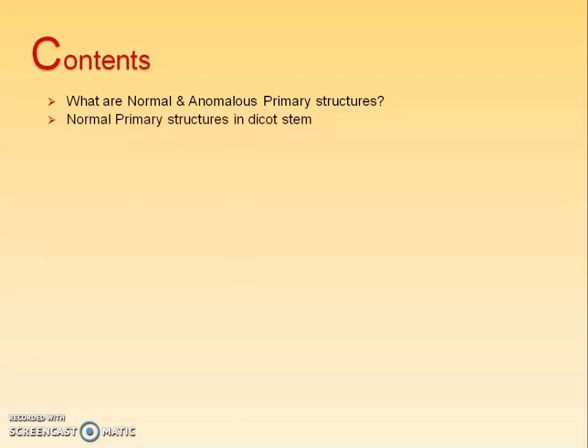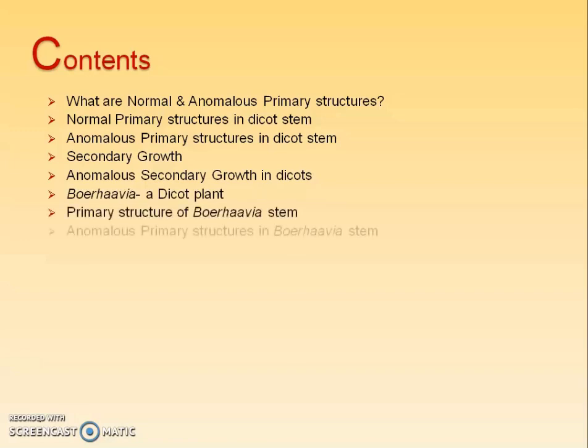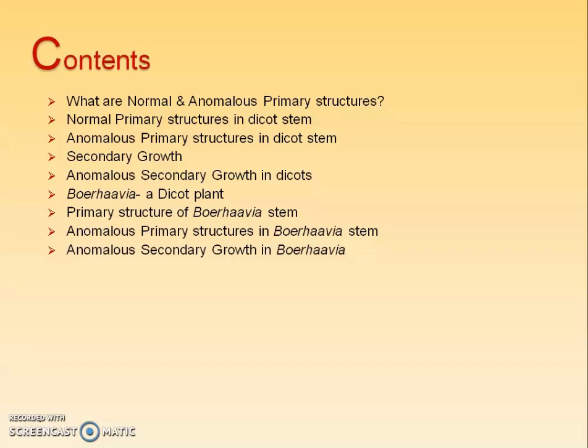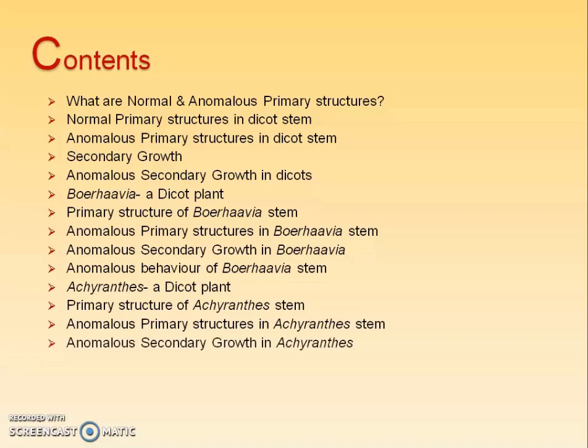Then normal primary structures in dicot stem, anomalous primary structures in dicot stem, secondary growth, anomalous secondary growth in dicots, about Boerhavia, a dicot plant, primary structure of Boerhavia stem, anomalous primary structure in Boerhavia stem, anomalous secondary growth in Boerhavia, anomalous behavior of Boerhavia stem, Achyranthes, a dicot plant, primary structure of Achyranthes stem, anomalous primary structures in Achyranthes stem, anomalous secondary growth in Achyranthes, anomalous behavior of Achyranthes stem, and at last the conclusion of this lecture.